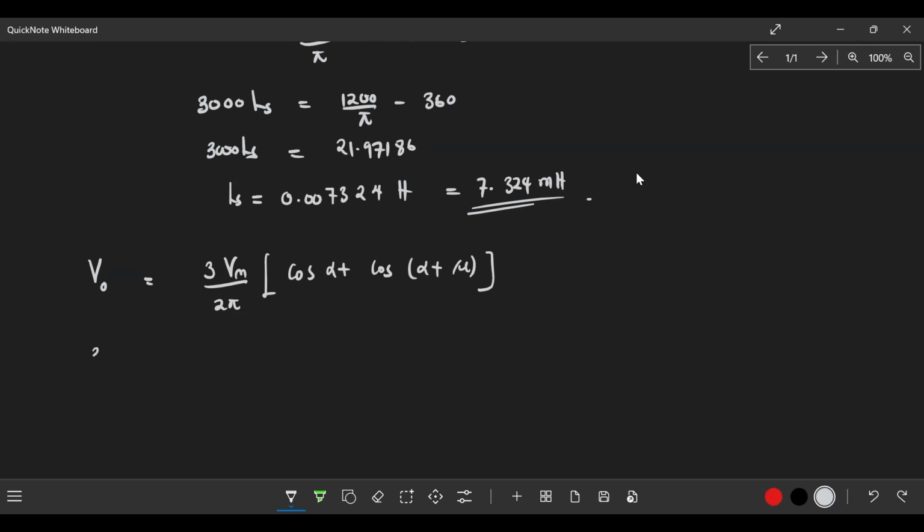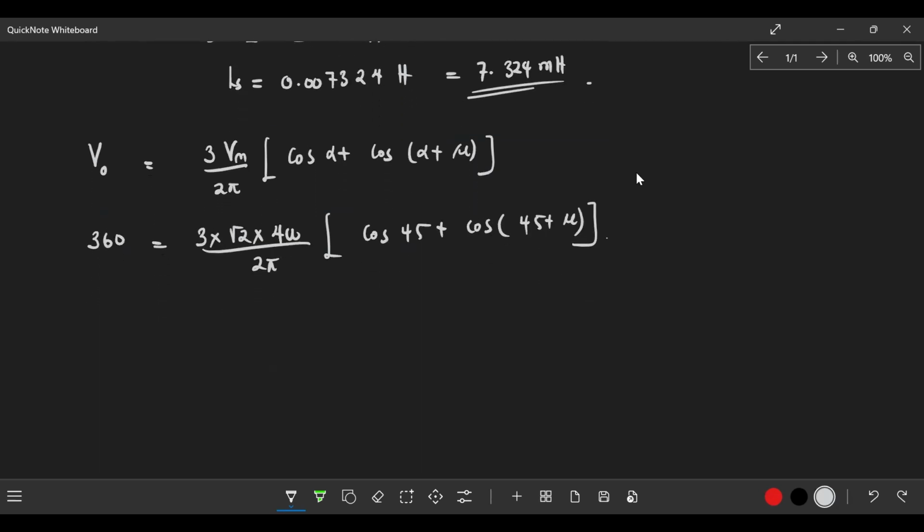We know VO is 360 already. So even this one you could have used without finding LS, because everything is there. Root 2 times 400 divided by 2 pi, and then cosine 45 plus cosine 45 plus mu.